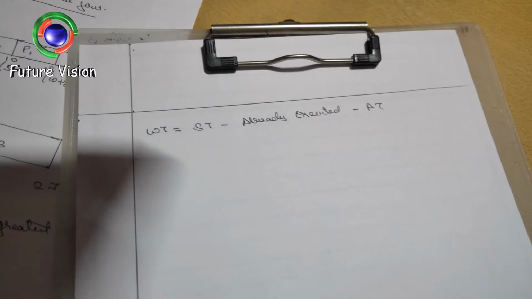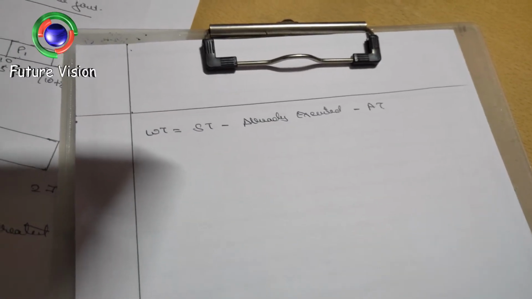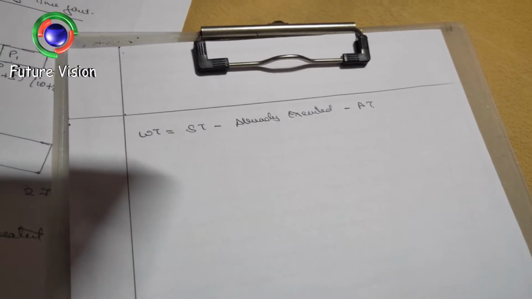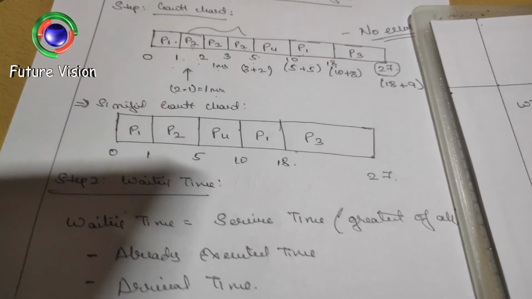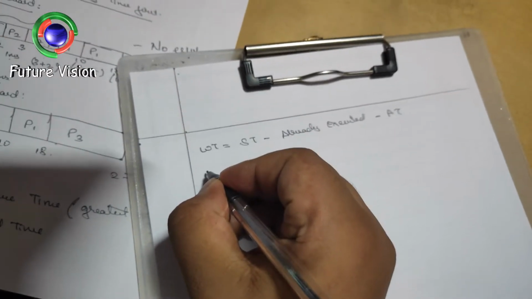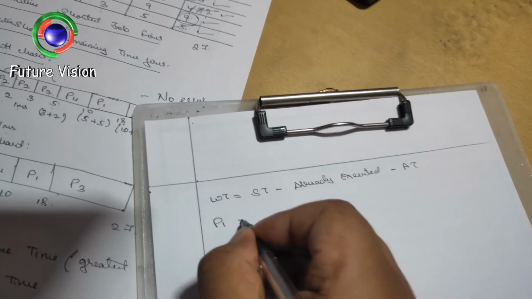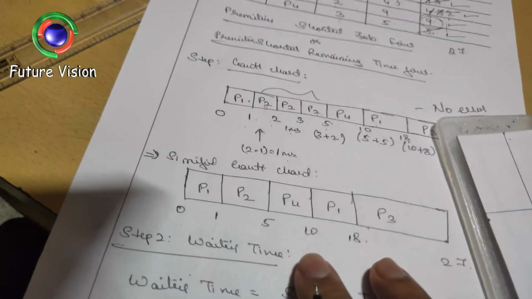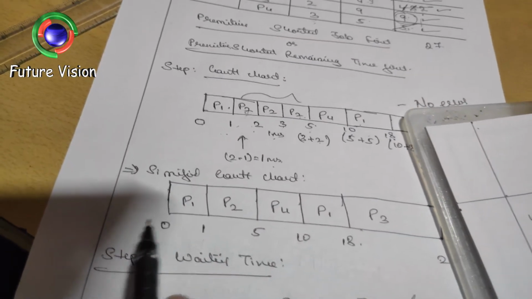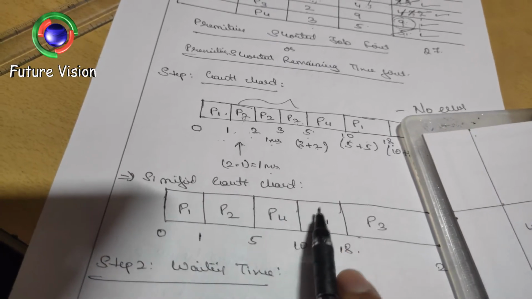Alright, to calculate the average waiting time, the formula is service time minus already executed time minus arrival time. We have our simplified Gantt chart here. So let us start here with process P1. Now as you can see, there are two P1s here.